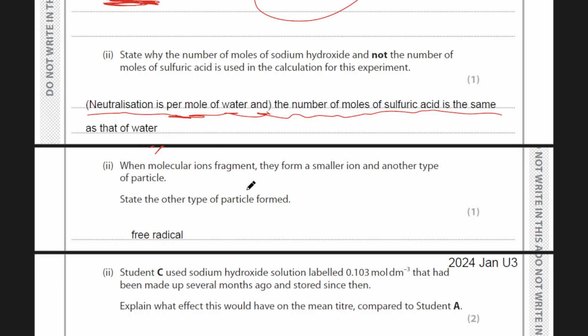So it doesn't matter whether we take sulfuric acid or sodium hydroxide, since the moles of water produced is the same as the moles of sulfuric acid used up. That is why it's safe to say that we should take the number of moles of sodium hydroxide into consideration during our calculation.